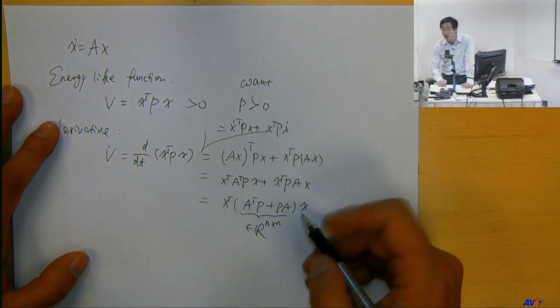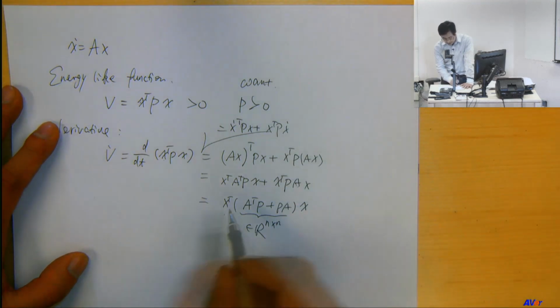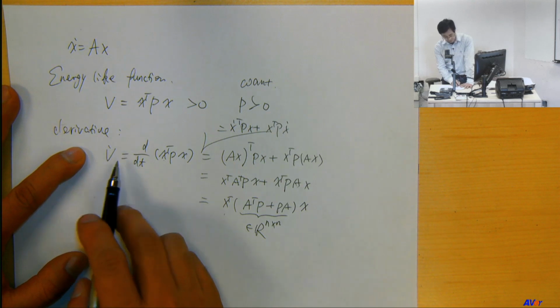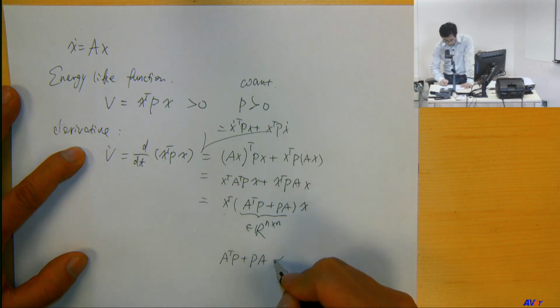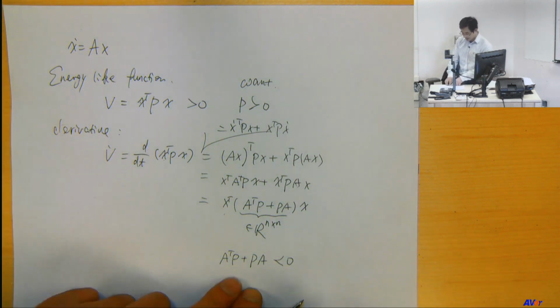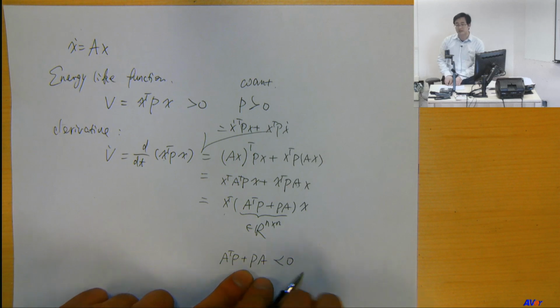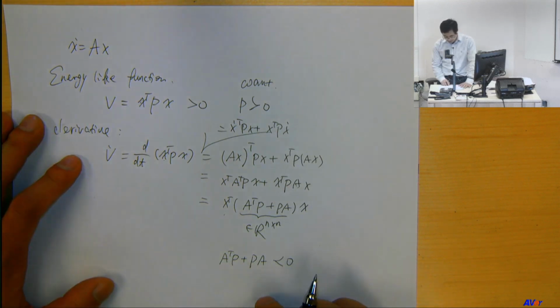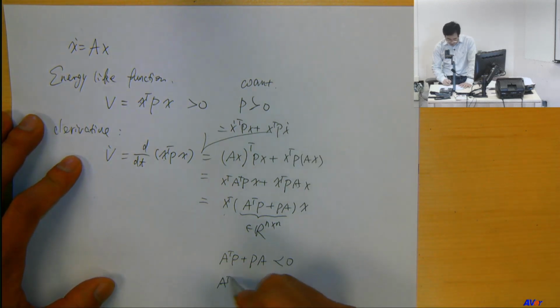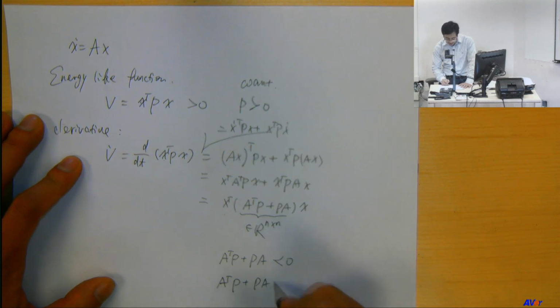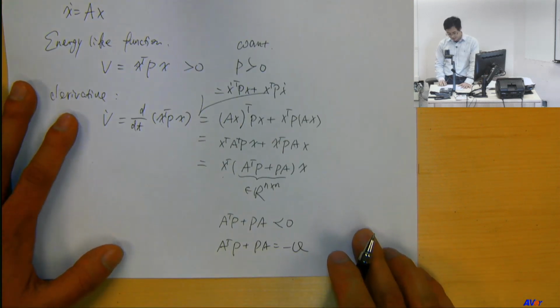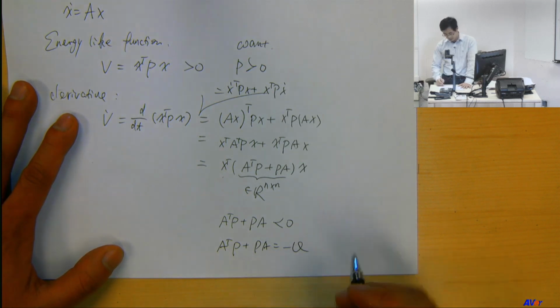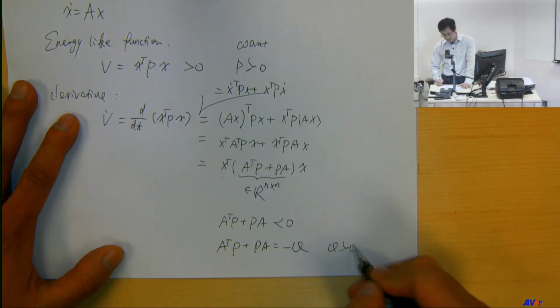What we want, as you can imagine, is that we want the energy to decrease. We want the energy to dissipate. So in other words, we want this matrix to be negative definite. So let's define it, just for notation convenience, to be negative Q, where Q is positive definite.